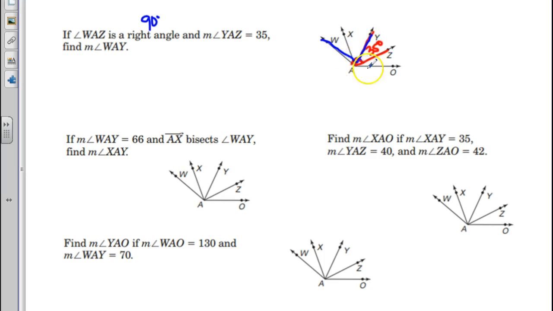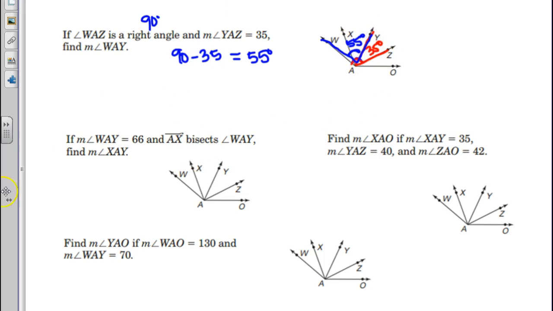Well, WAY is part of that 90-degree angle. So if I do 90 minus 35, that will give me WAY. So 90 minus 35, I believe that should be 55 degrees. All right, so the measure of WAY is 55 degrees because 55 and 35 is 90, and that's what they said that whole thing was.